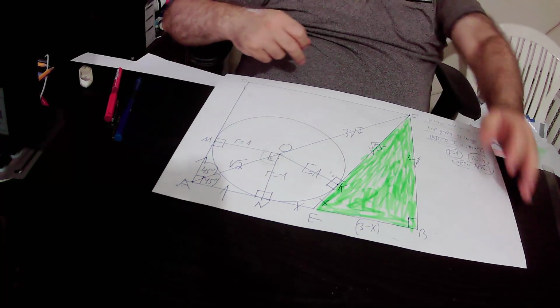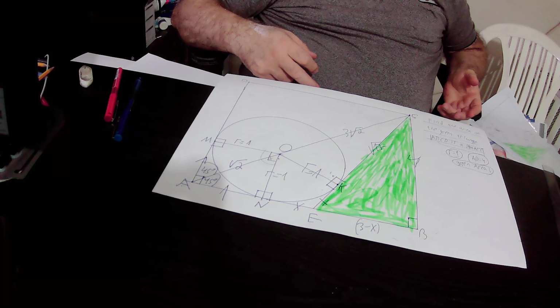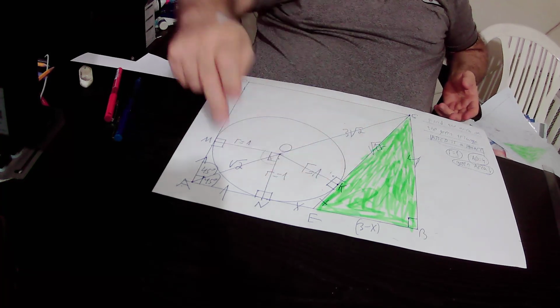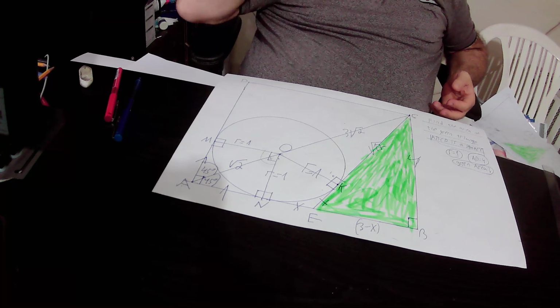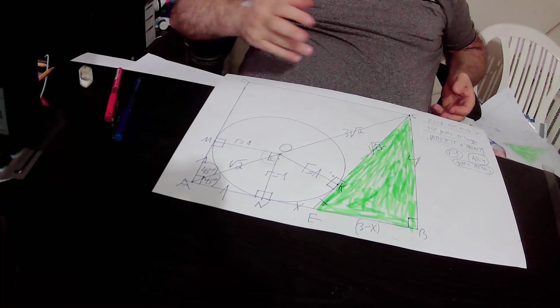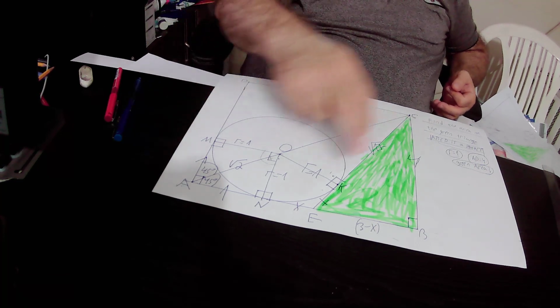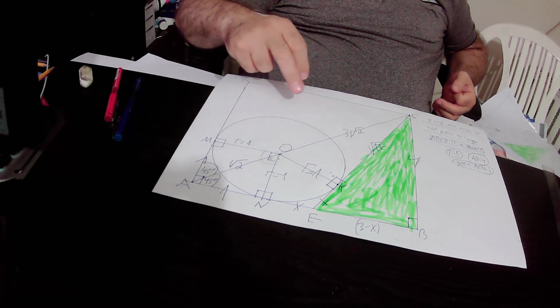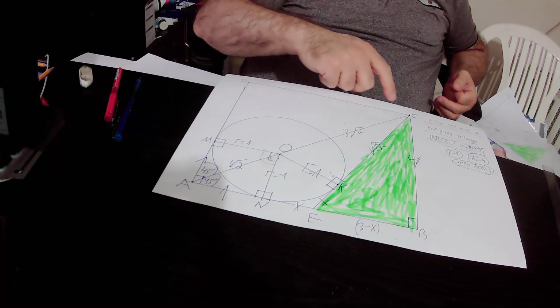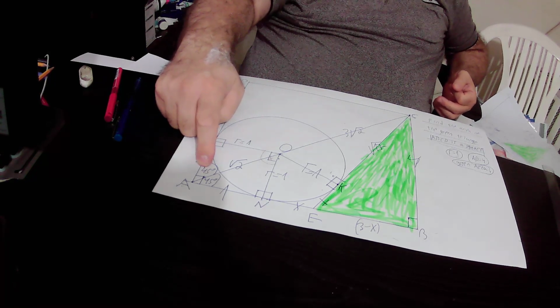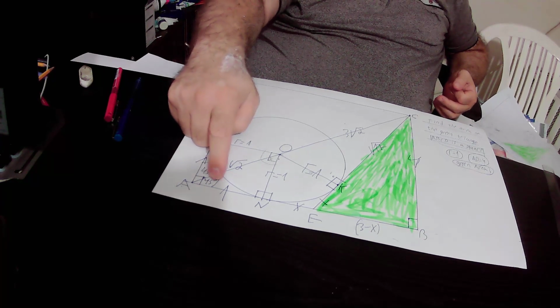Likewise, if we relate to the big square ABCD, according to rule number 6, the diagonal CA of square ABCD bisects its angles. That is to say, this angle equals 45 degrees and this angle equals 45 degrees.